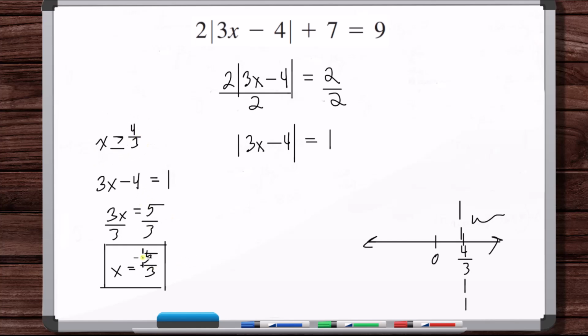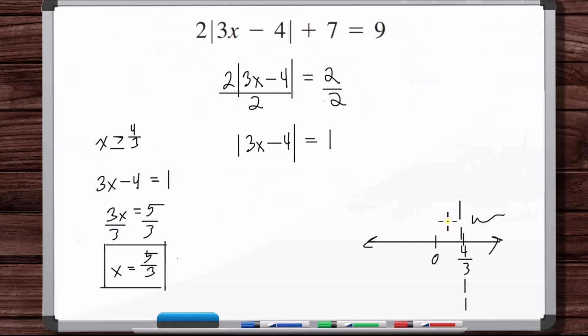It's not going to end up being a solution, unless maybe we find it's a solution in this other region.